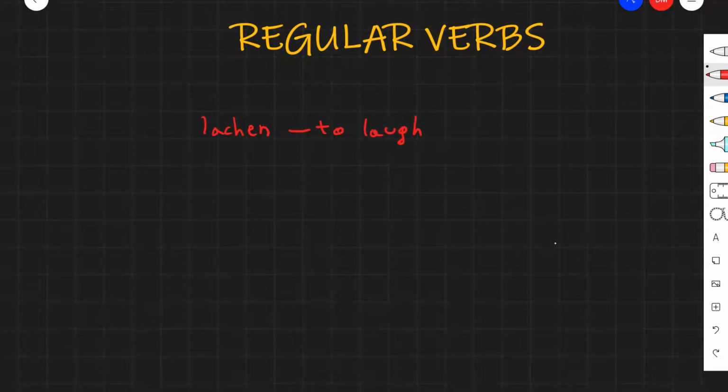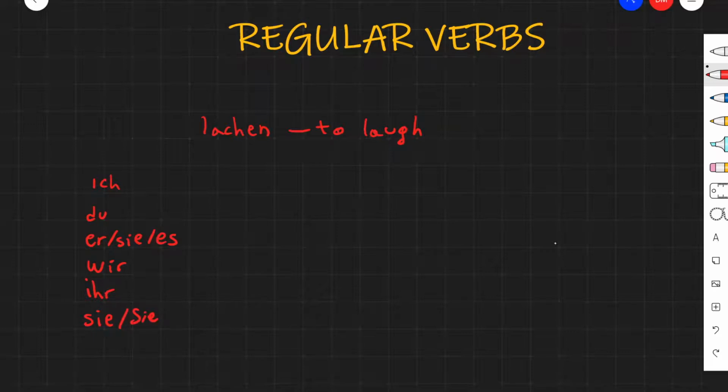Let's write down once more the personal pronouns in German, which were ich, du, er, sie, es, wir, ihr, and sie, sie.